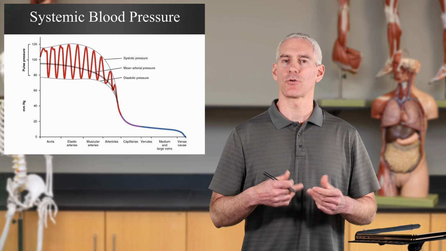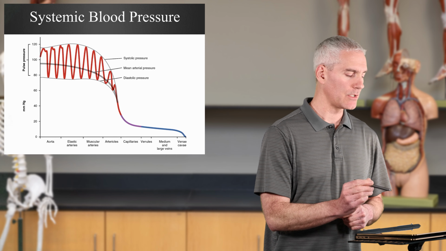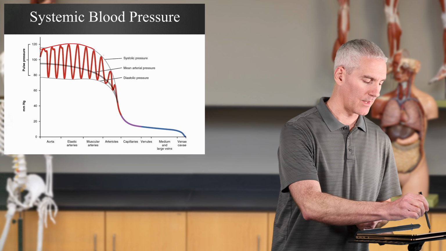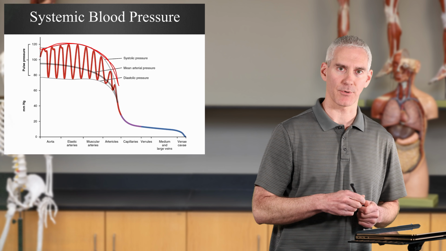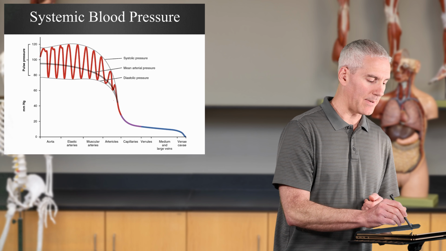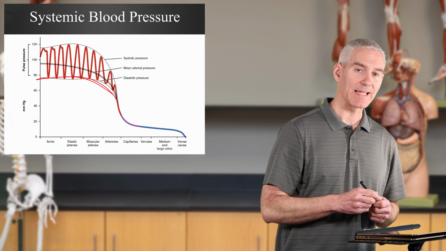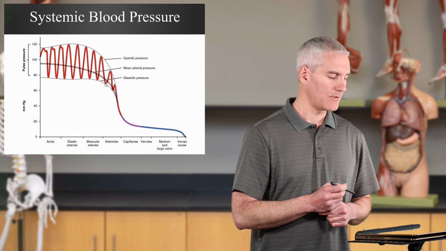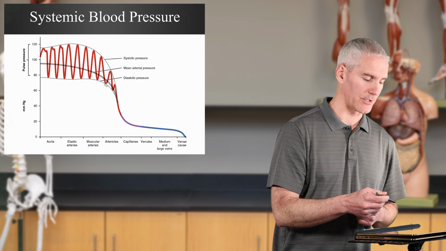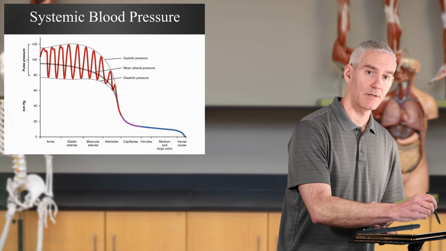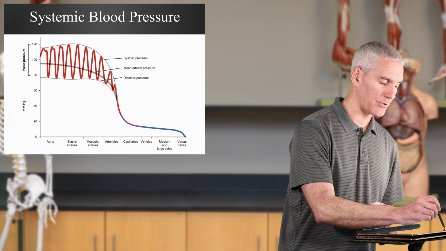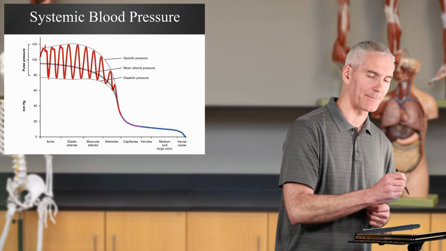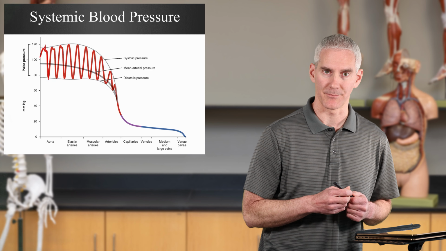So if we're looking at it from a graph point of view, you can notice the top line here. This is the systolic pressure. While the bottom line here, that is the diastolic pressure. The red line between, you notice, is going to be your pulse pressure. As the heart pumps, the pressure goes up the highest, and then it drops because the heart is not pumping.